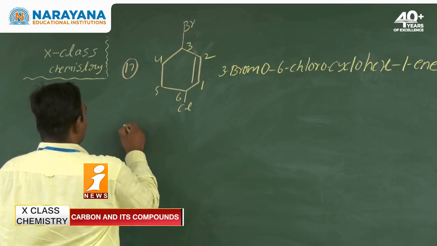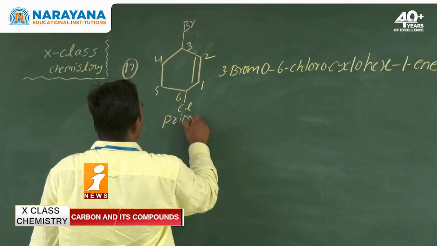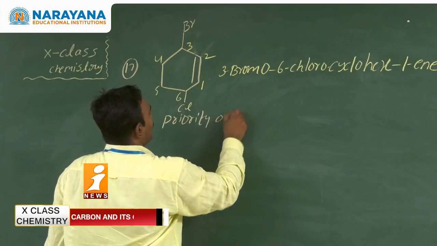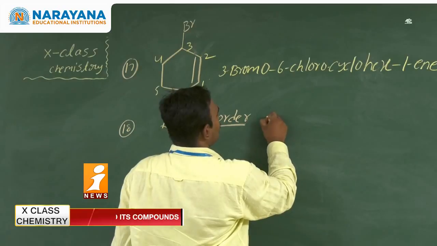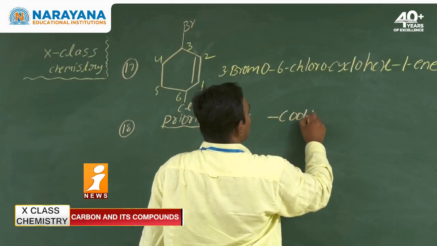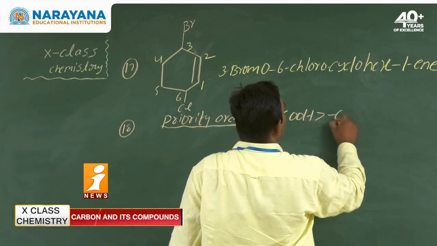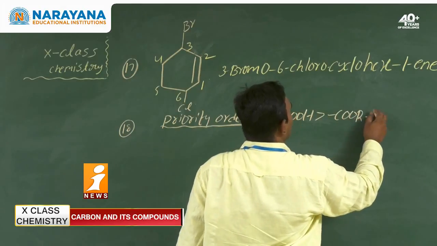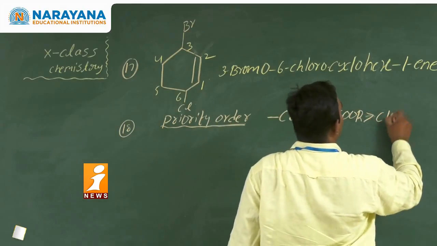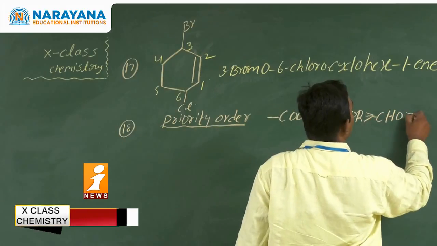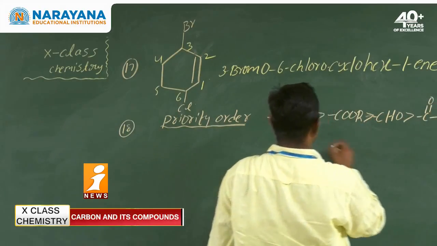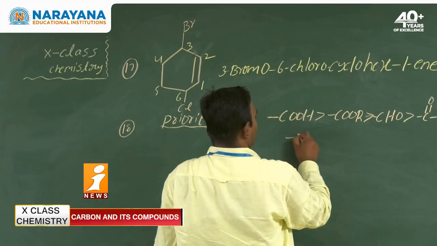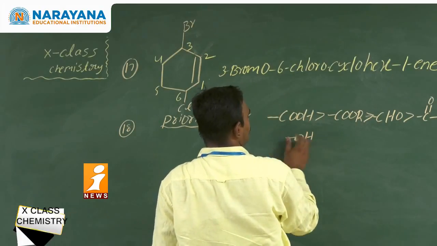Now see here, the priority order of the functional groups. Carboxylic acid is greater than esters, greater than aldehydes, greater than ketones, greater than alcohols.